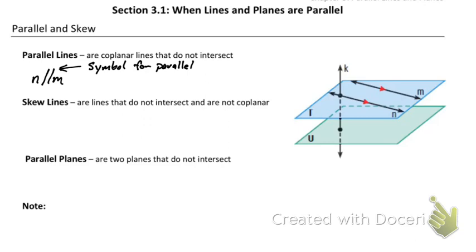There's one more symbol I want to point out. See these two little arrows that are in here? When you have a line, you have arrows on both ends. If you have two little arrows inside of here, that is also a symbol for parallel. So those two little arrows tell you that N and M are in fact parallel.